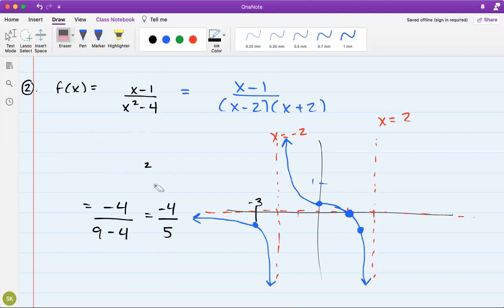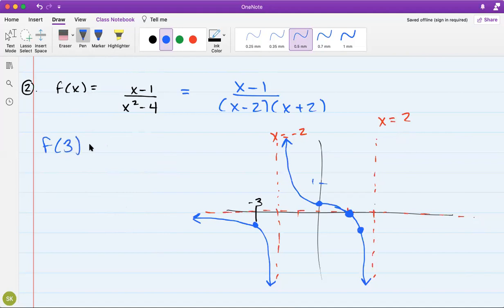Now let's plot a point on this section of our graph. We need to choose something bigger than 2, like 3. So we're going to plug 3 into this function. We get 3 minus 1 over 3 squared minus 4, which is 2 over 9 minus 4, which is 2 over 5.